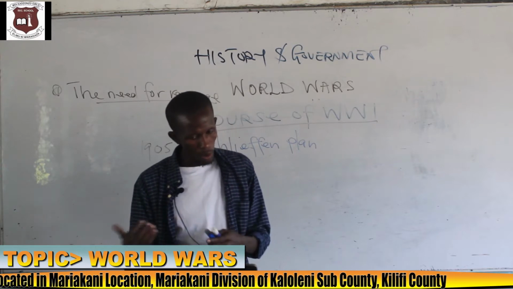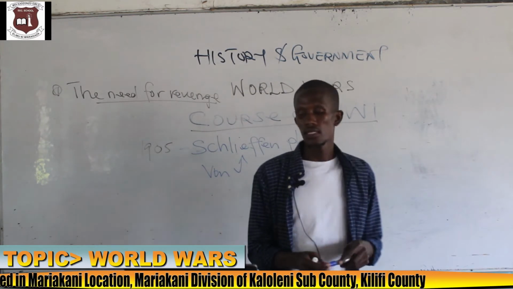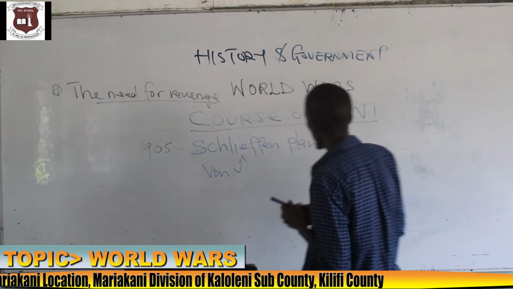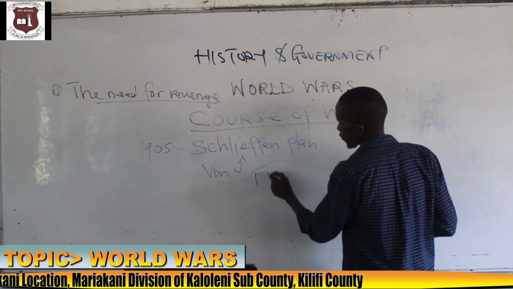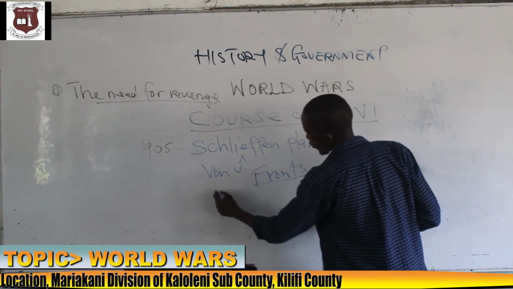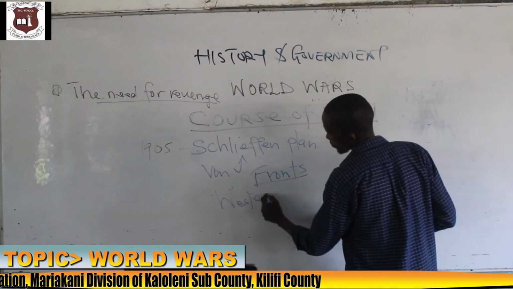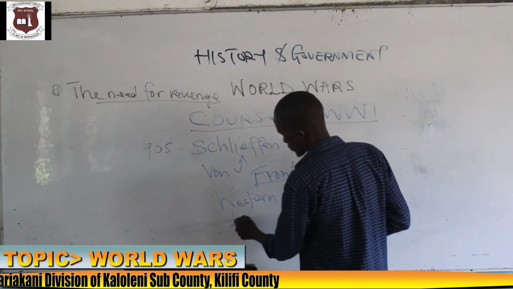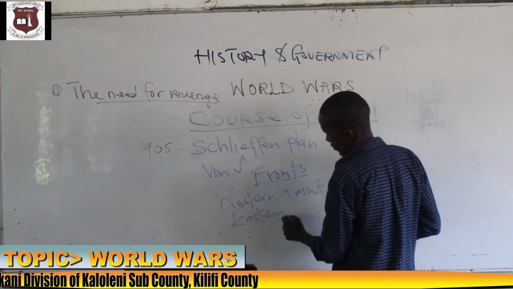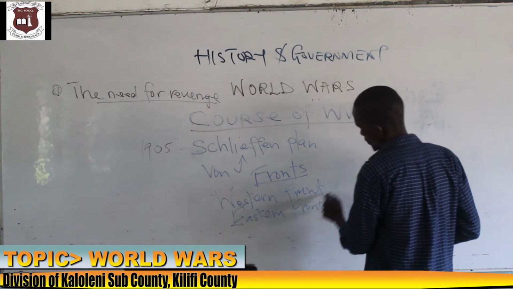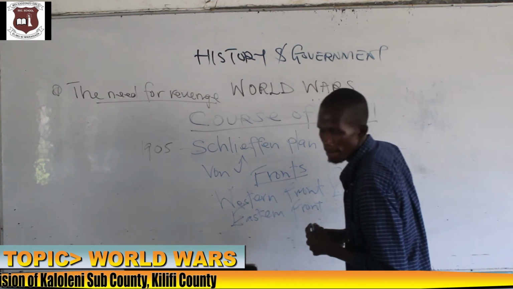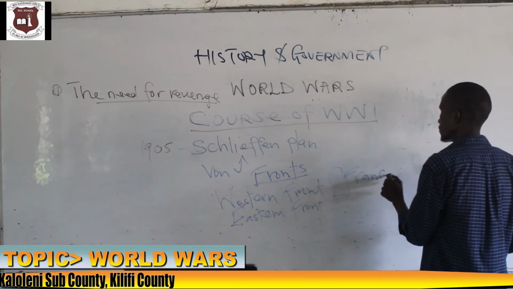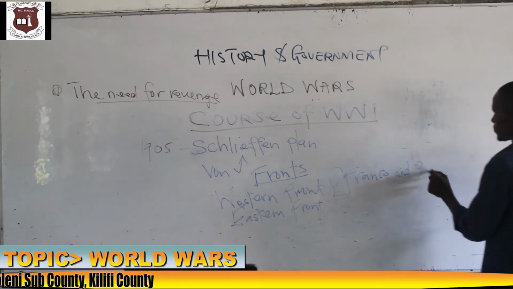So the war was fought in two fronts. The fronts of World War I: the Western Front and the Eastern Front. The Western Front was fought in France and Belgium.